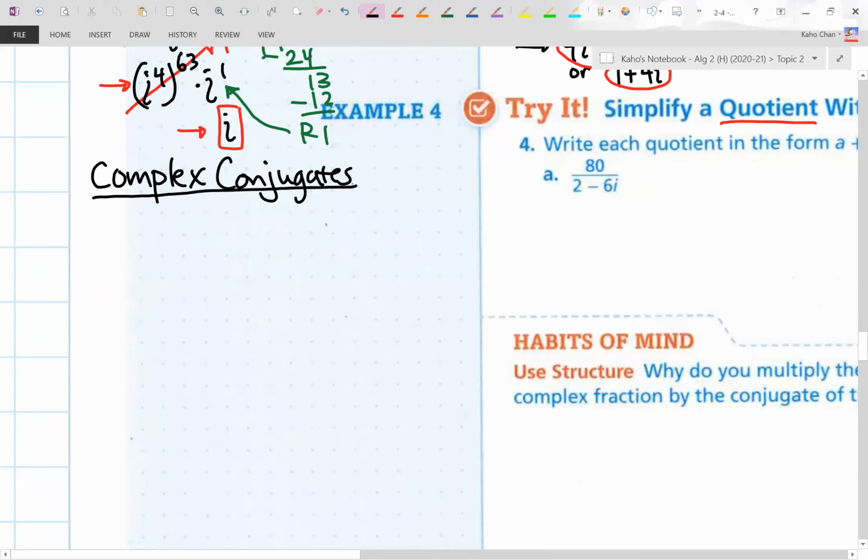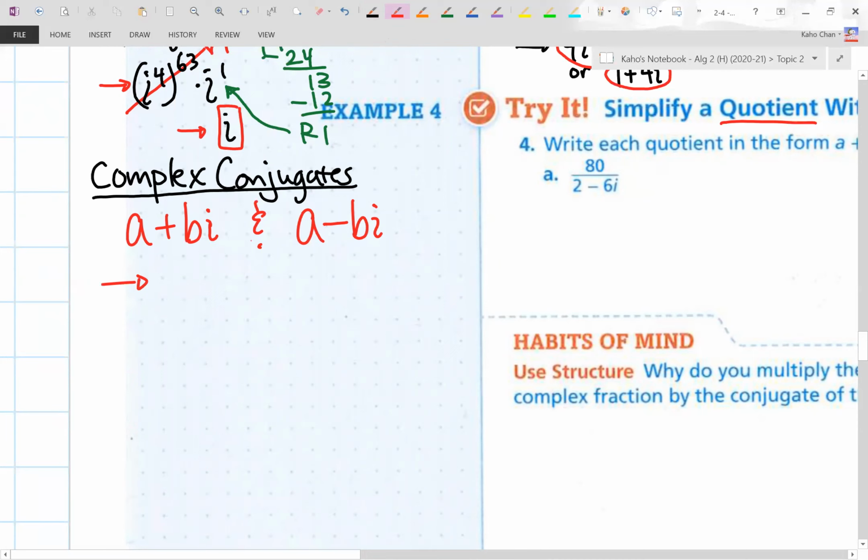They help us simplify radicals and imaginary numbers when they're stuck inside fractions and radicals and stuff. So a plus bi, our complex number, has a complex conjugate, it's called. That complex conjugate is a minus bi. That's it. You swap the sign with the back half.